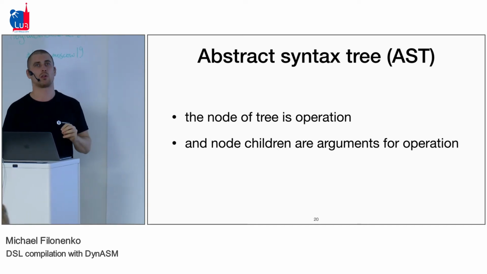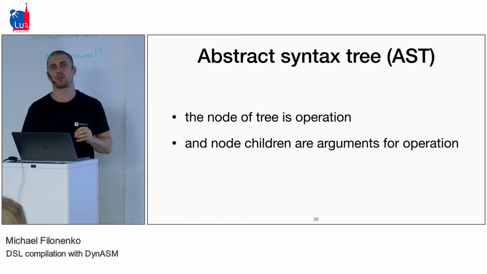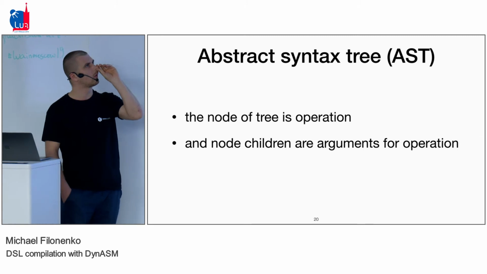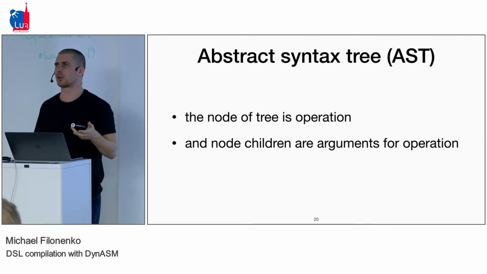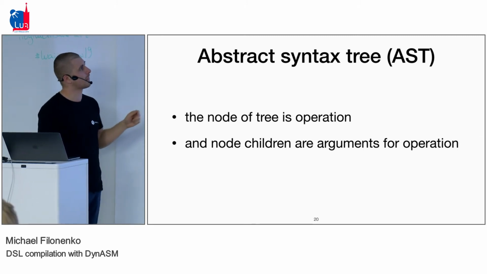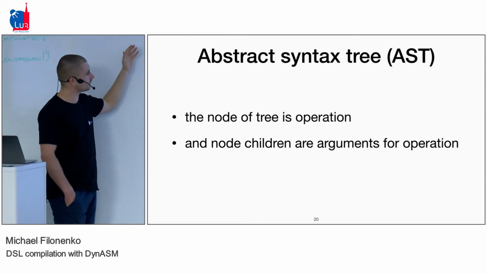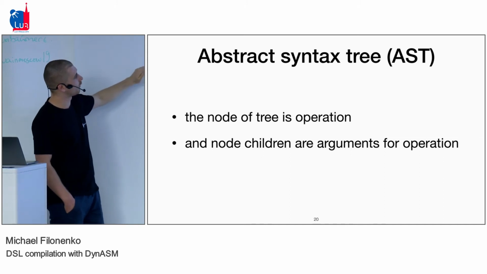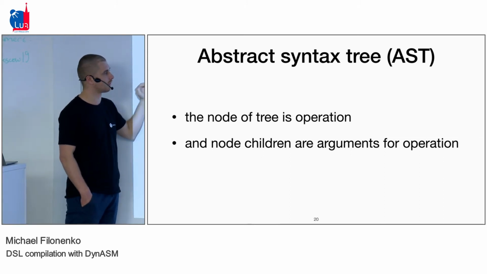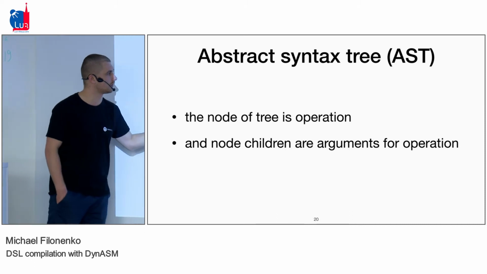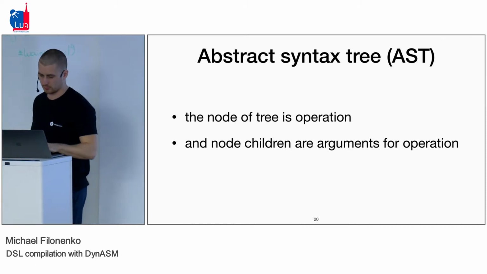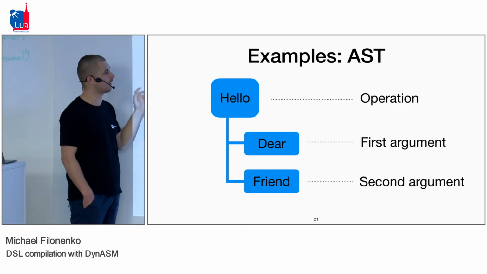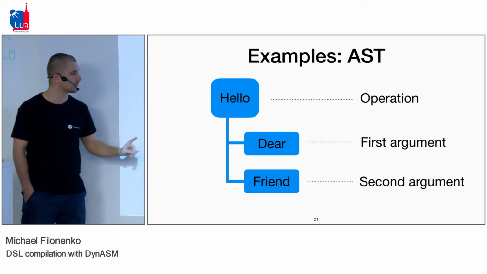In, for example, C-lang, it will be a little bit more complex, with bytecode instructions. So the abstract syntax tree is based on the following rules. The node of the tree is an operation, and the children are arguments for the operation. For example, a simple abstract syntax tree with operation hello and two arguments, dear friend.